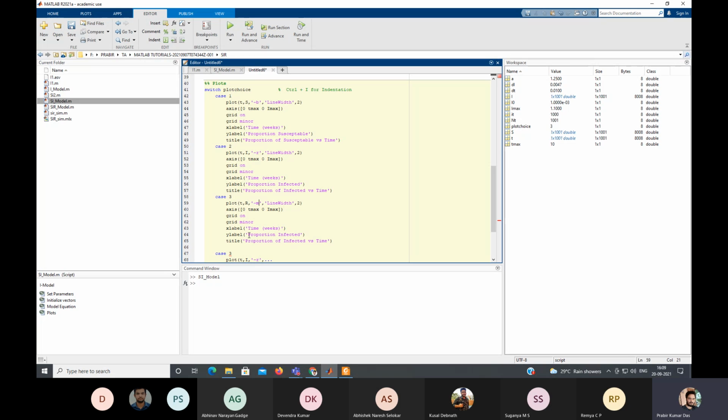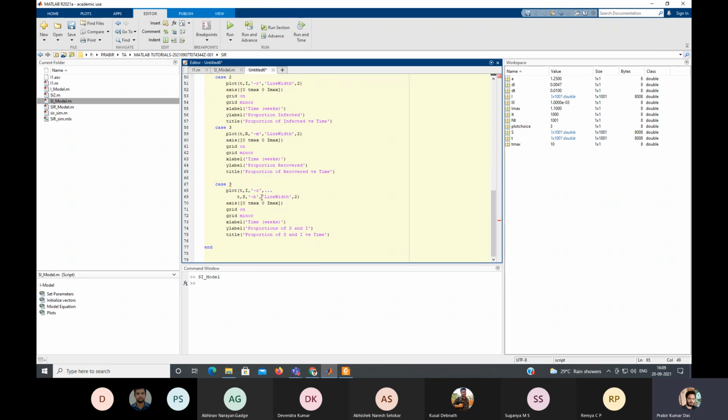Everything is okay, and here it is proportional, it is recovered. In the title also we have to change this to recovered, and to go to the next line, then we have to plot T versus R.